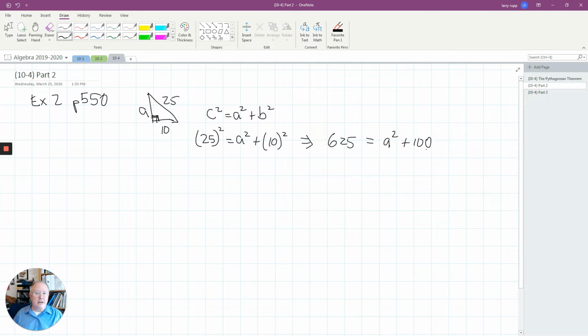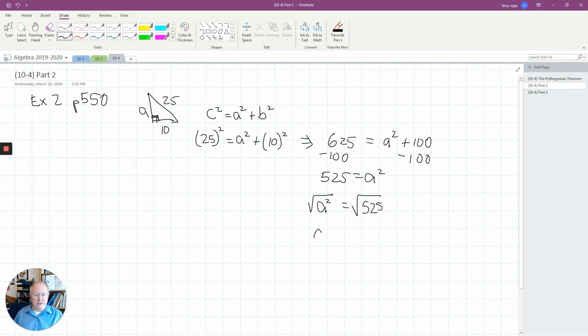Okay, now we need to isolate the term with the variable, the A squared. We subtract 100 from both sides, and that gives us 525 is equal to A squared. We need to take the square root. We're just going to work this backwards or rearrange terms. Square root of A squared is equal to the square root of 525.